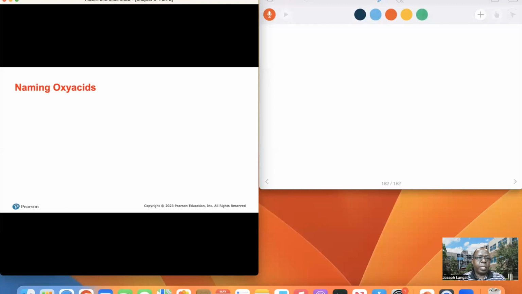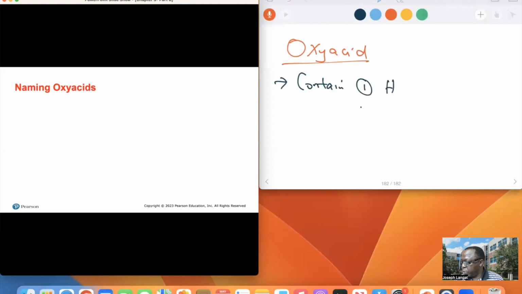When you see oxy acids, naming of oxy acid, oxy acids contain one hydrogen, two oxygen, and three it must be another non-metal.